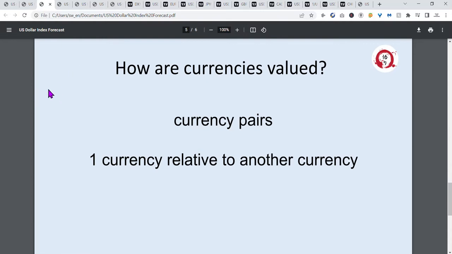So when we talk about individual currencies, and in particular technical analysis of the currencies, we aren't really talking about a currency standing on its own. We talk about currency pairs. It's the US dollar versus the euro, or the euro versus the franc. The fiat currencies don't chart by themselves. They're always currency pairs.